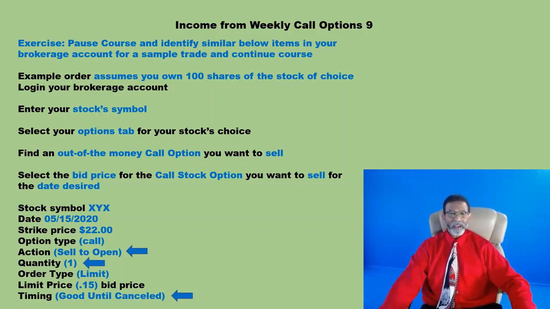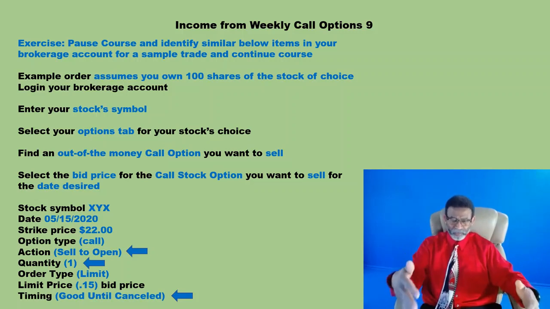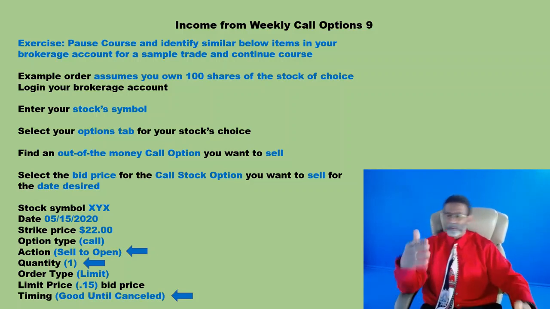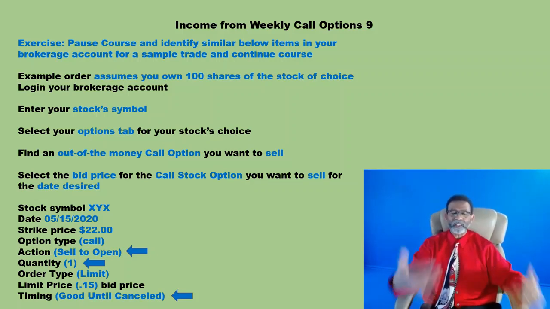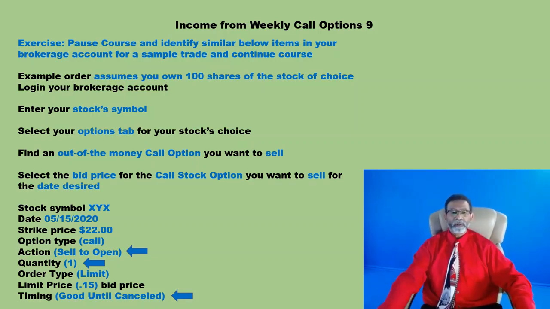So take your time, stop the course, take a look at your interface in your brokerage account. This is not something you need to do really fast. This is looking at an example and practicing. You don't have to put the example in and go all the way through, but this is looking for these particular items to see where you would execute this trade.